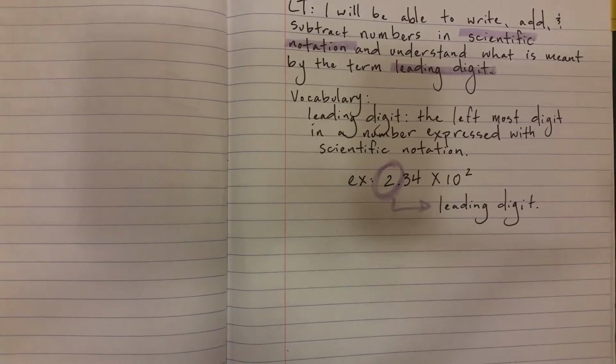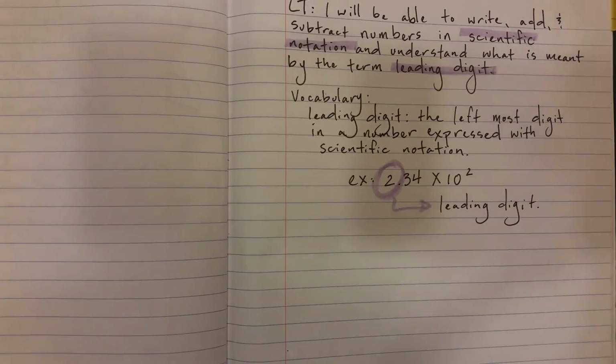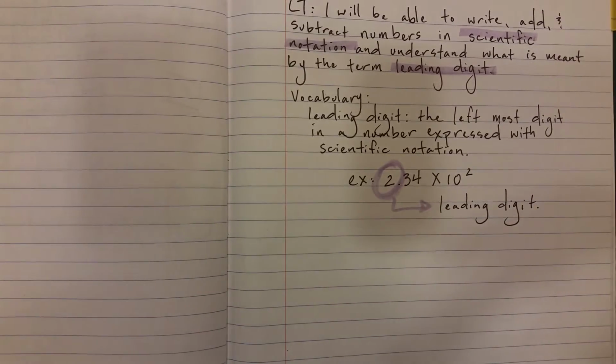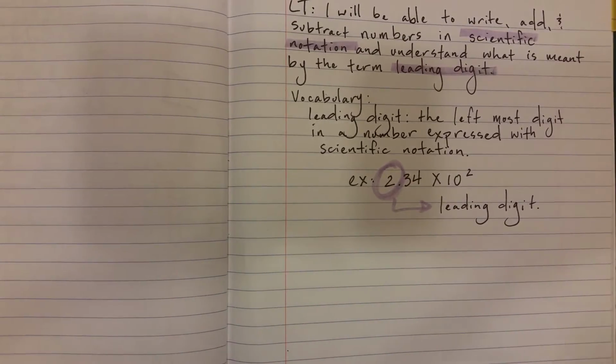What we've been doing in the past is approximating the difference between two numbers with scientific notation, so figuring out how many times different a number is than another. But now we're just going to focus on adding and subtracting. So let me show you what our setup will be.